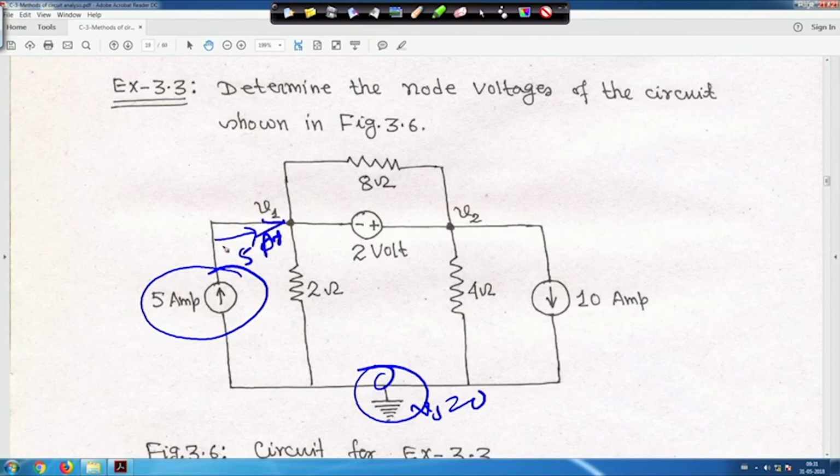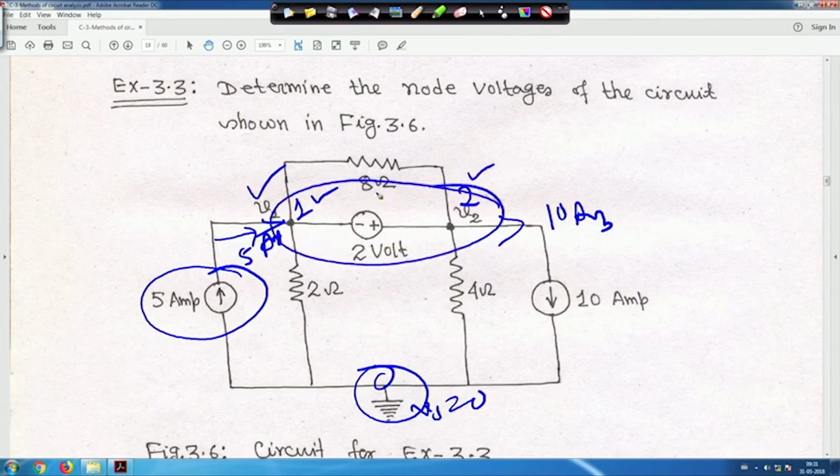Another 10 ampere current source is at node 2, so this 10 ampere current is leaving node 2. Node 1 and node 2 are the two non-reference nodes, and in between them a voltage source is connected, which means it is forming a supernode.